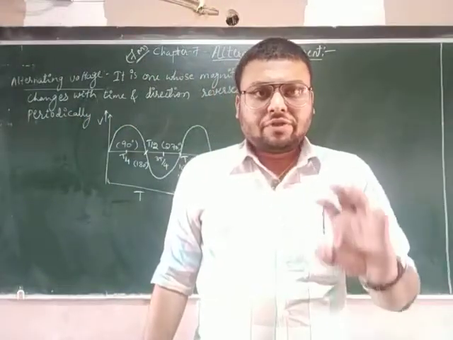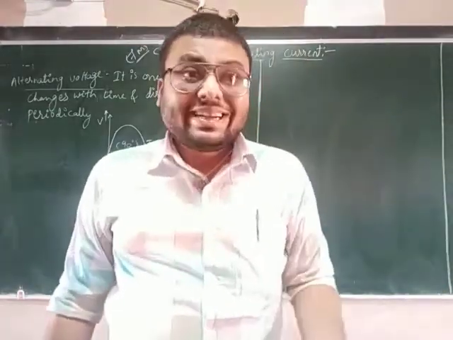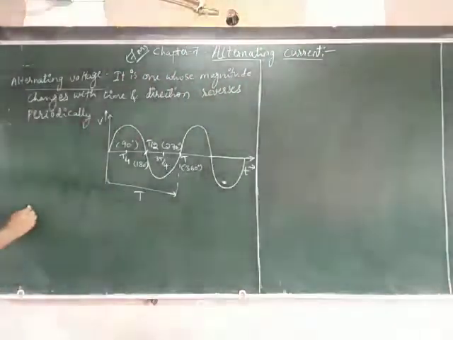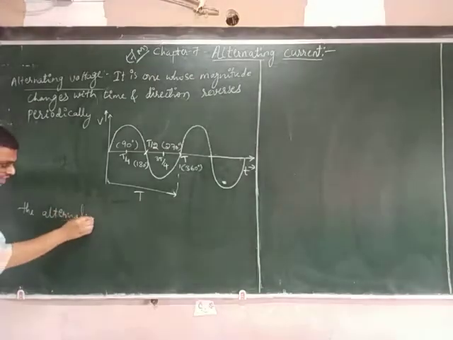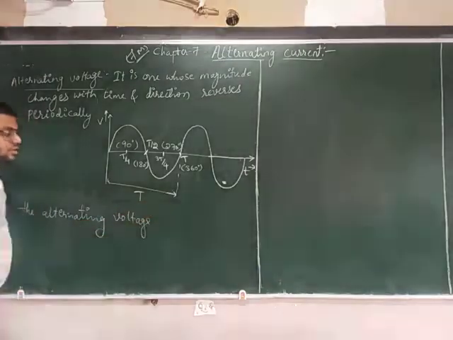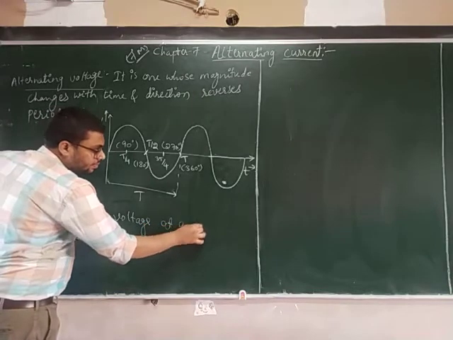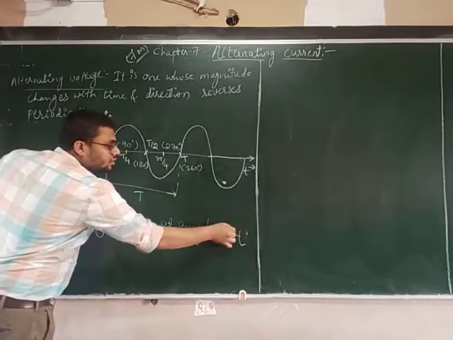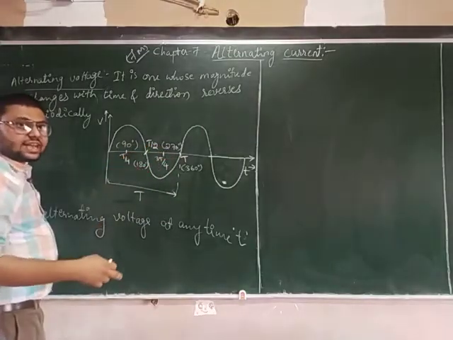Then, if you want to write the alternating voltage at any given time, small t, then the equation will be: look here, the small t is any given time, capital T means the time taken for one complete cycle.